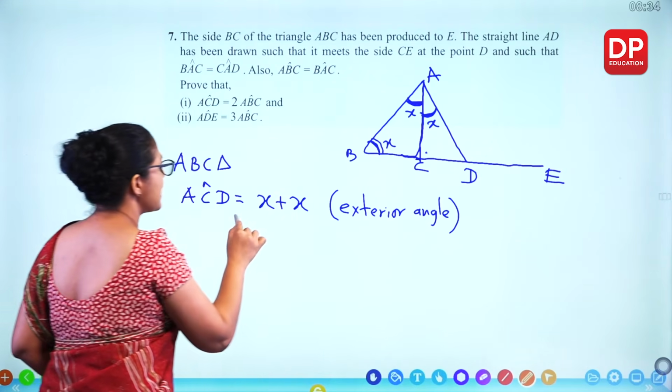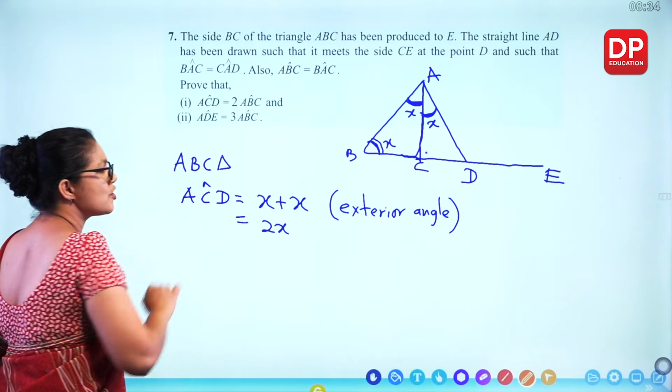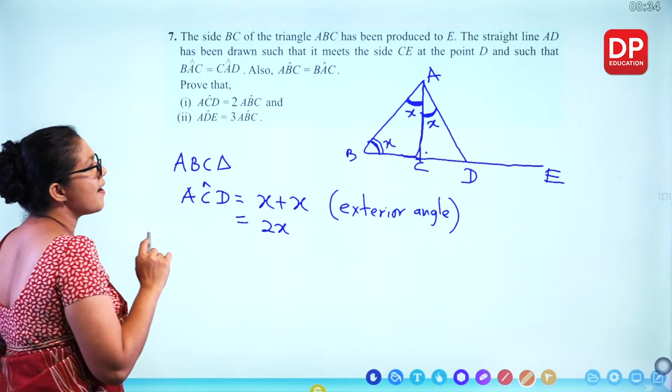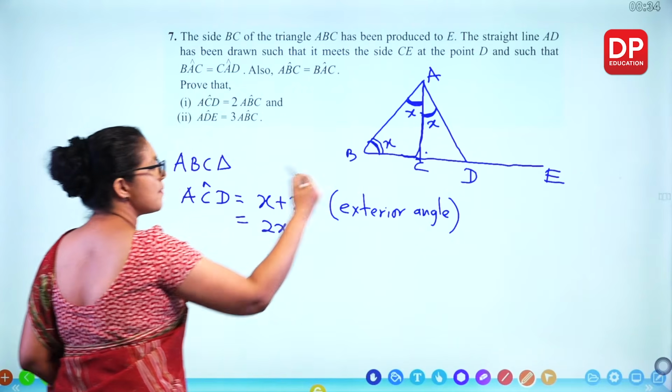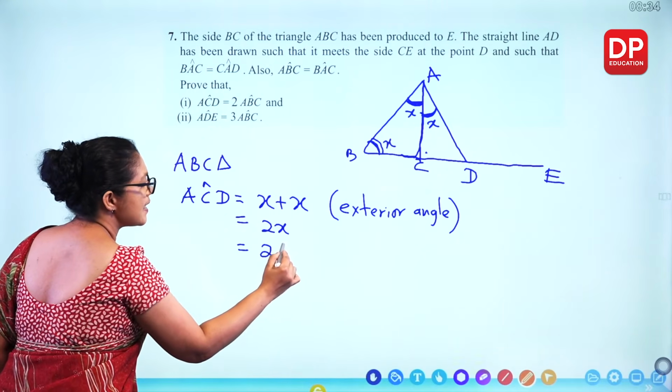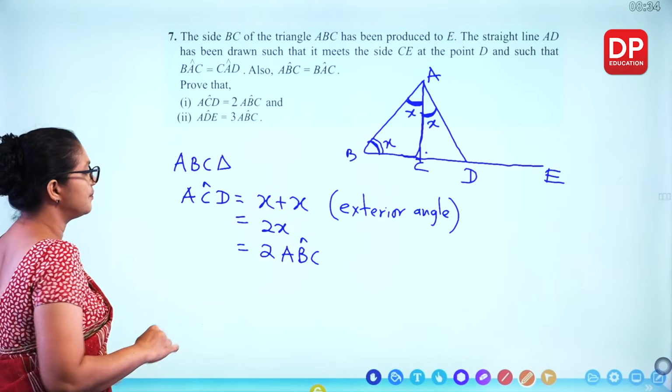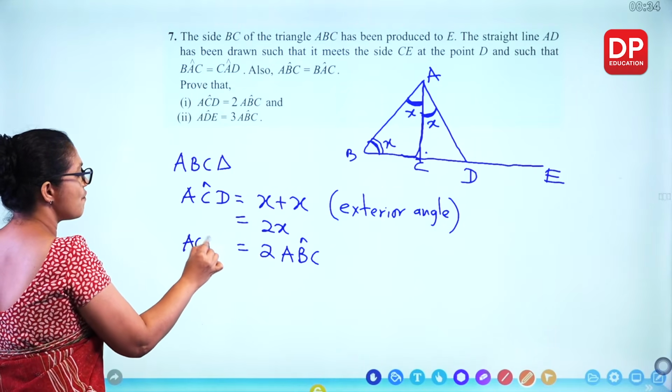So what is x plus x? That becomes 2x. Instead of x, I can write ABC, so I can say this is 2 times ABC angle. So that's the first part.